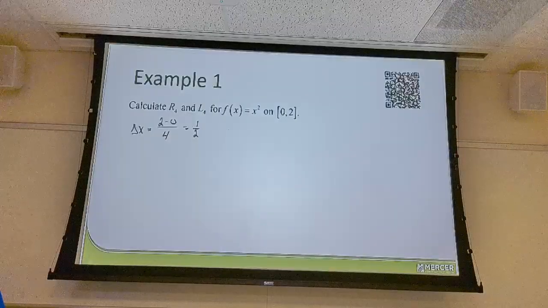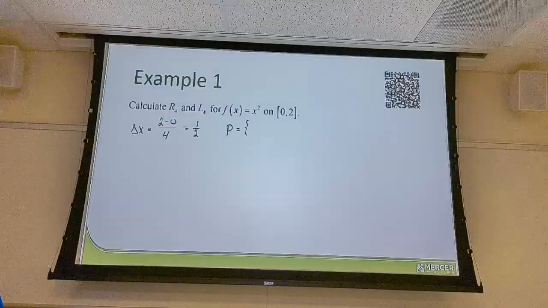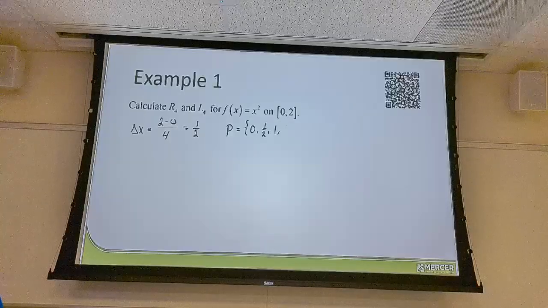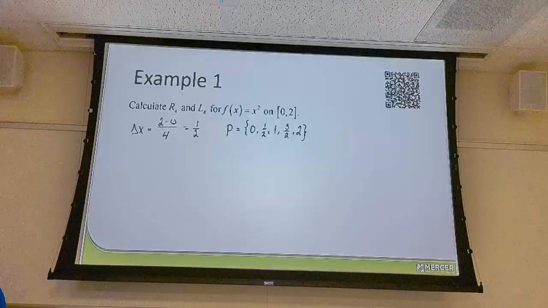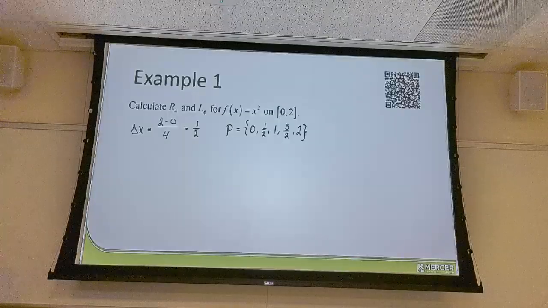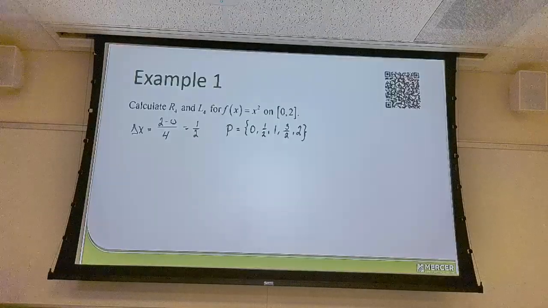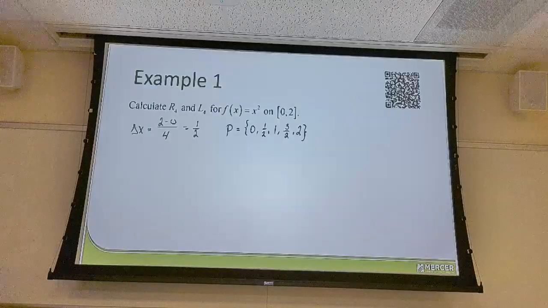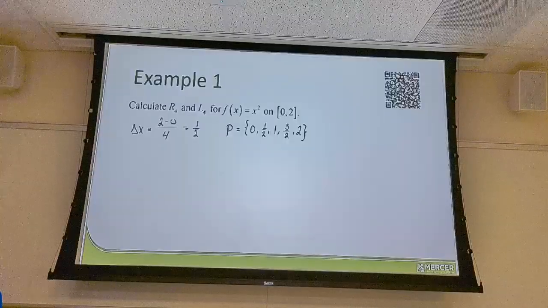The partition is 0, 1/2, 1, 3/2, 2, which gives us the following subintervals.